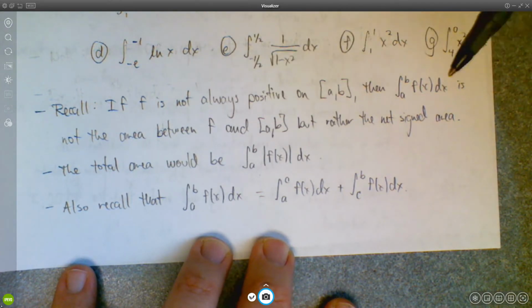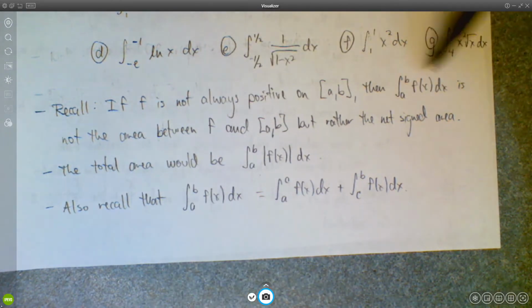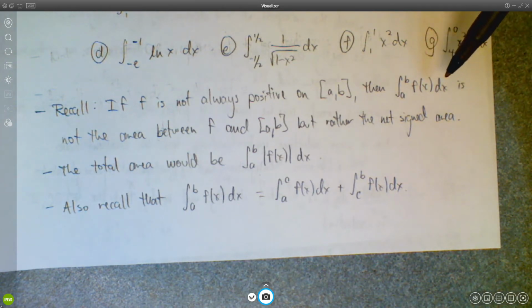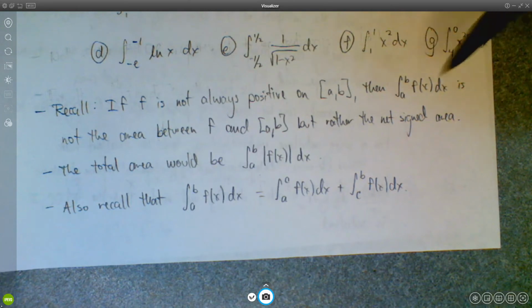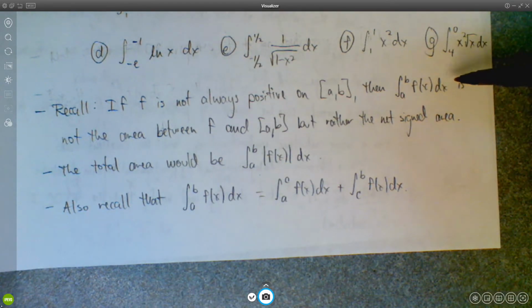And that's because this integral was defined to be the limit as n approaches infinity of the sum from k equals 1 to n of f of xk star times delta x, that whole thing. Well, if f is negative in some places, then f of xk star is going to be negative sometimes. And so you're going to end up subtracting stuff whenever f of x is below the x-axis. You're going to end up subtracting stuff off, which doesn't make sense if you're looking for the actual area, right?